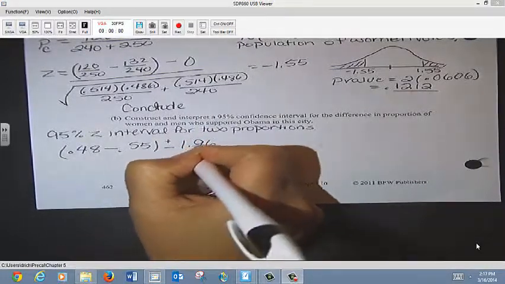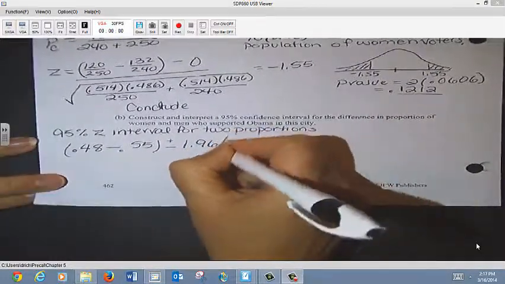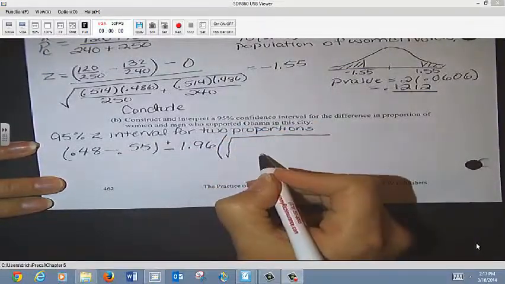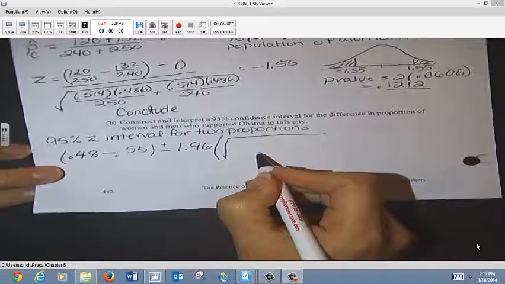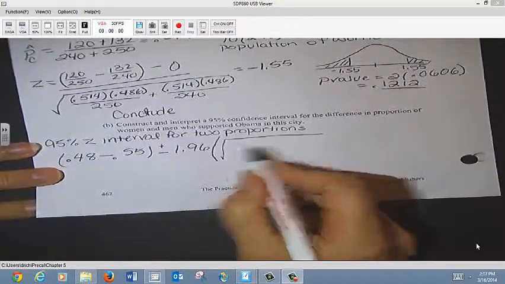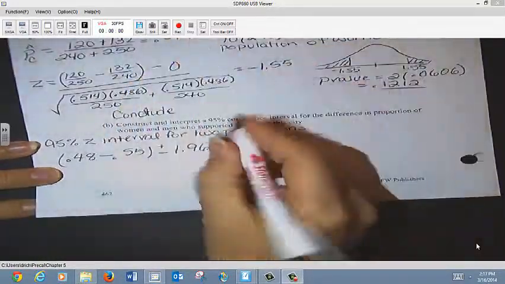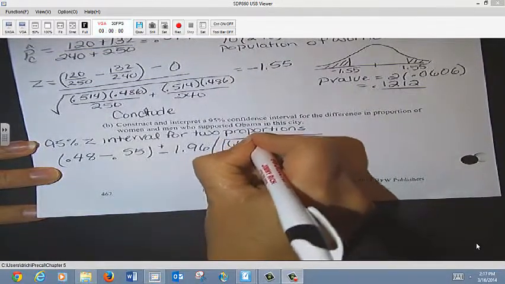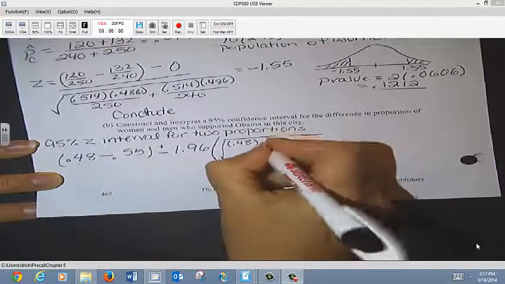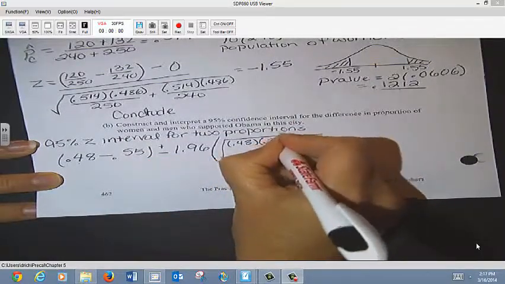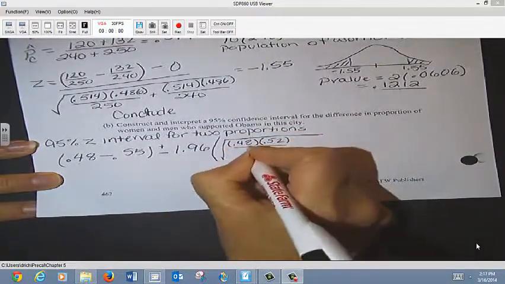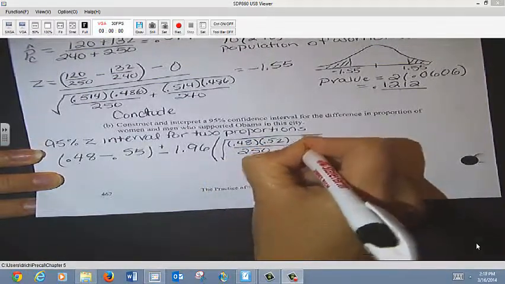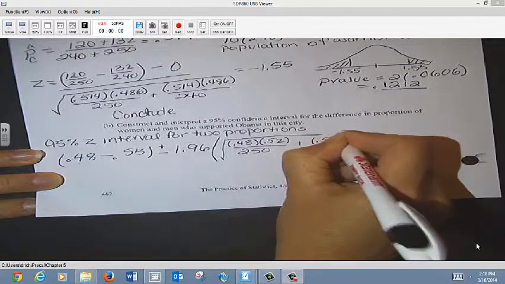And remember here we're going to use our p-hats because we don't assume that we already know what the true p is, like we do in a test. So that would be 0.48 p-hat male times 0.52 q-hat male over the sample size 250, plus 0.55 p-hat female times 0.45 q-hat female over its sample size 240.